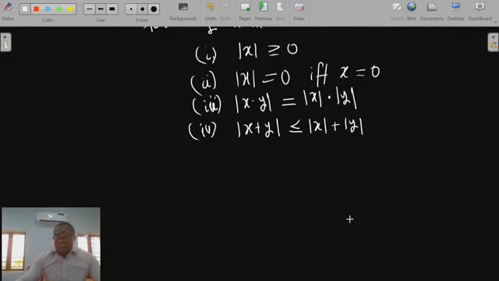In fact, the essence of giving this property is to lay emphasis on number 4. All the other ones are very important, but they can easily be justified. But where we normally have problems is in the justification of number 4. This number 4 is called the triangle inequality.